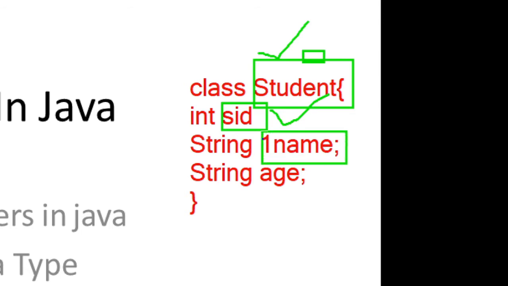Student age, as you see, identifiers have the rule 0 to 9, right? So it's also right. No, here you are wrong. The identifiers cannot start with numbers. They always start with characters. This is also right. So this is wrong.